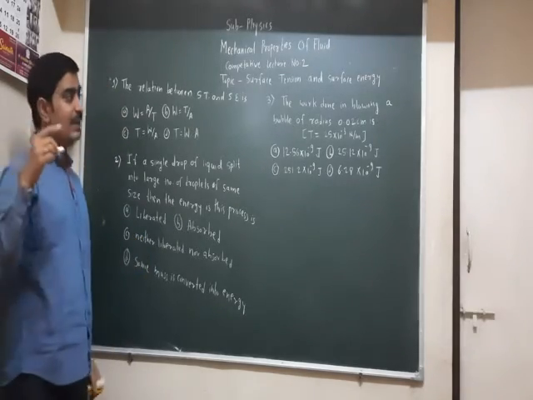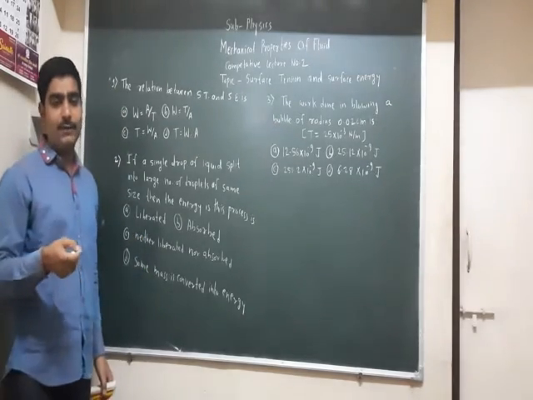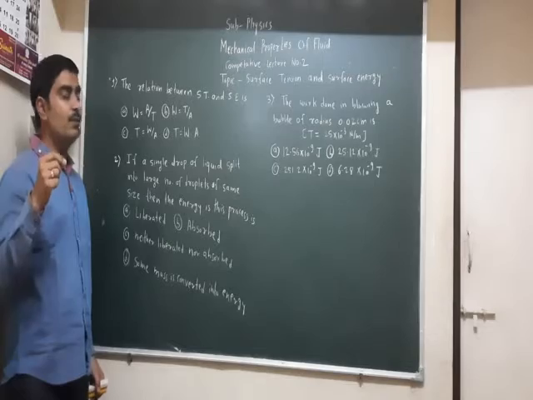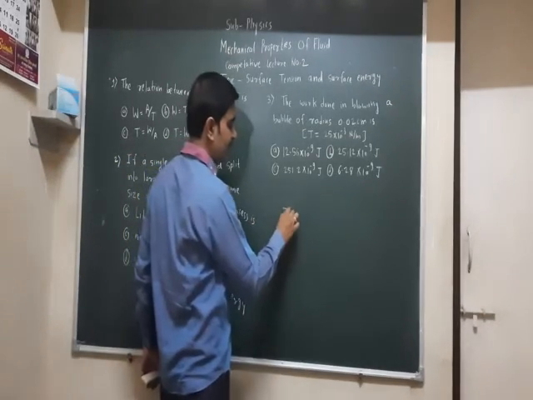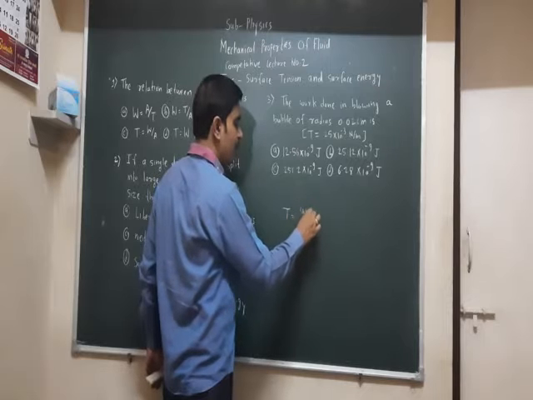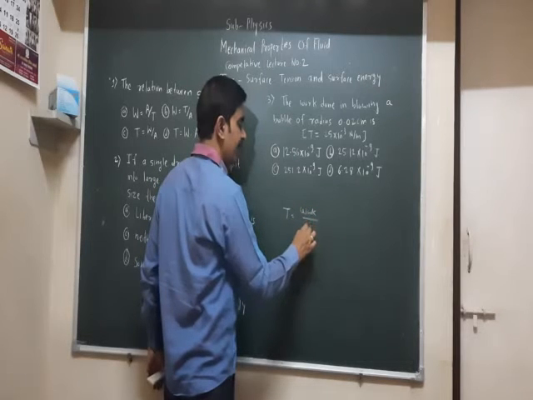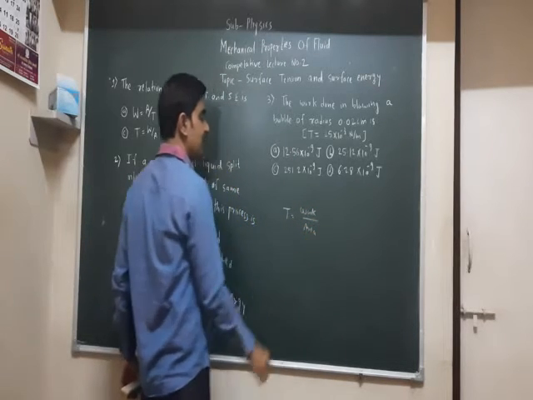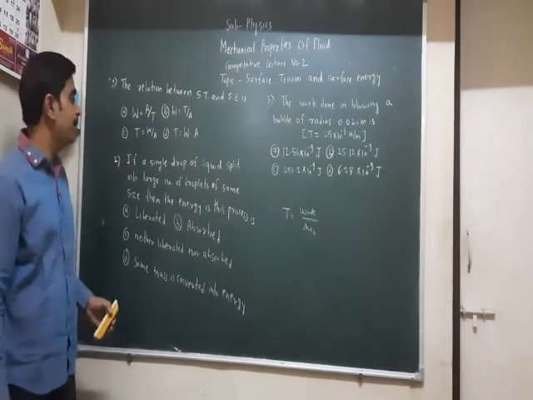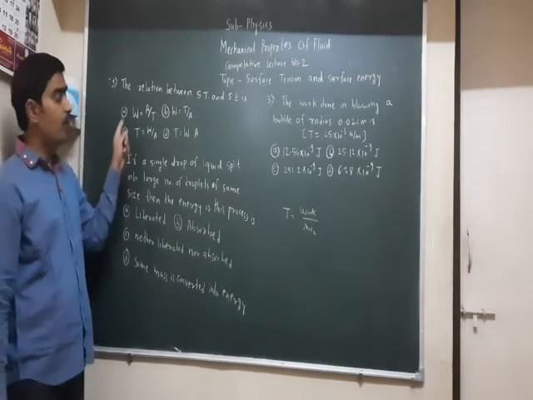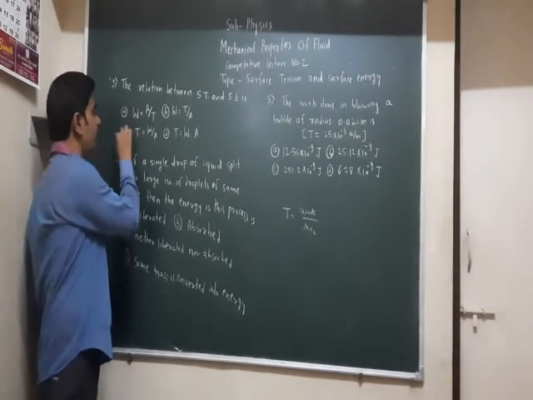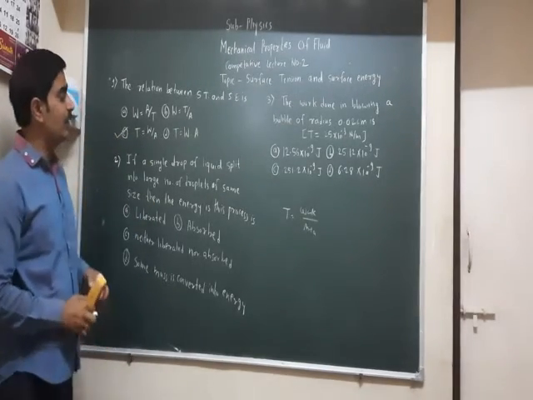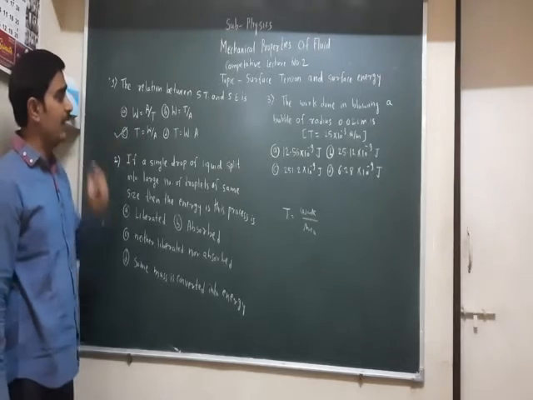Now while studying in the theoretical part, we know that energy and work are equivalent, and the mathematical formula for surface tension is equal to work done per unit area. So if we observe the options, option number C, T is equal to W by A. Surface tension is equal to work done per unit area.